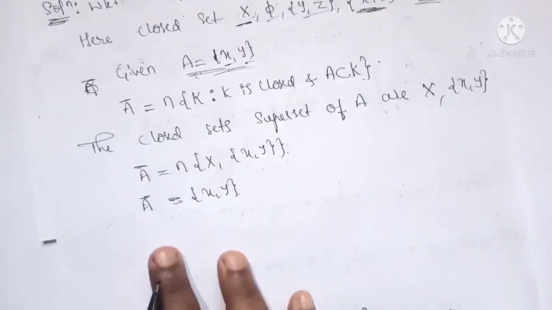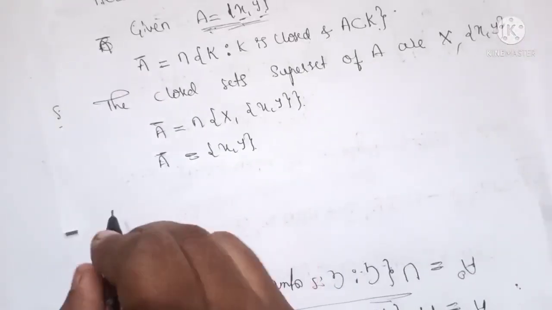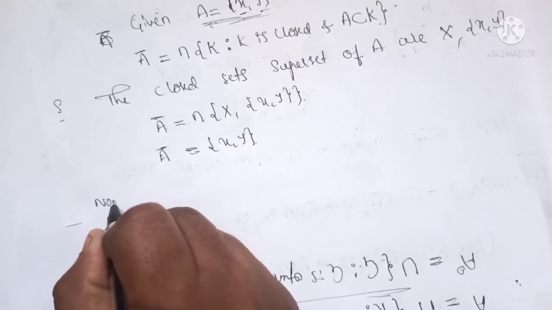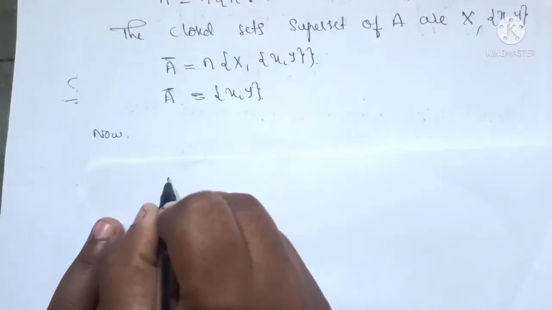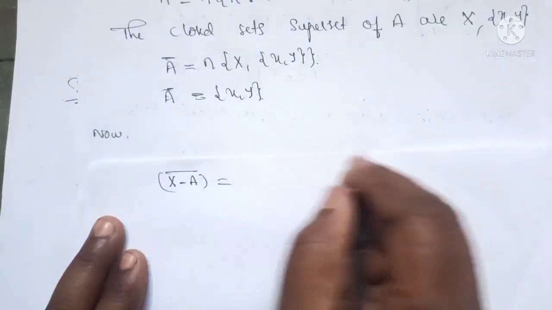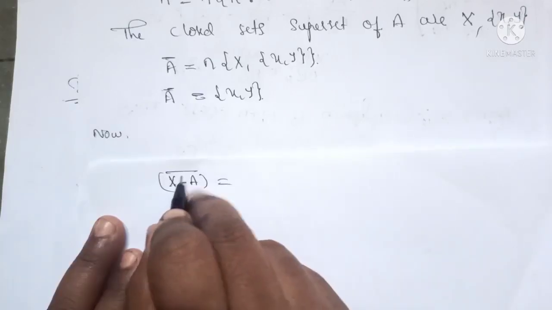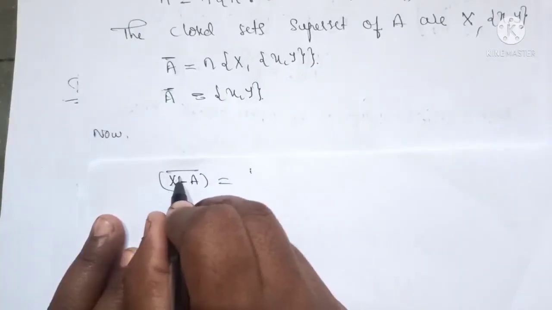So if you take the intersection, you will get A closure is equal to {x, y}. Similarly we find X minus A closure. For that, we first find X minus A, then we find its closure.